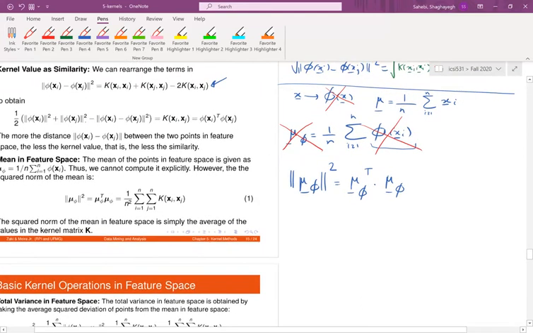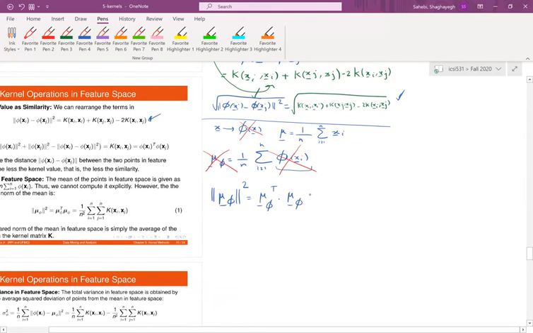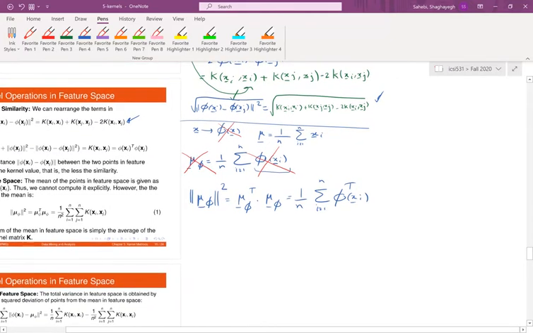We have already written the formula for the mean itself. So it's equal to 1 over n summation i equals 1 to n phi of xi, transpose, multiplied by 1 over n summation i equals 1 to n phi of xi.